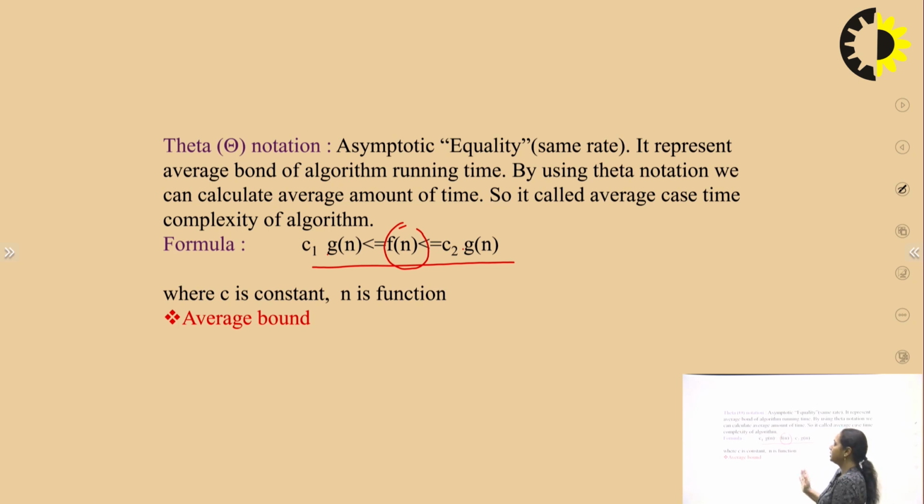And the last one is the theta notation, which is used for the average case time complexity calculation. In terms of growth rate also, theta notation is responsible for the same growth rate. Omega notation is responsible for the faster growth rate, and big O notation is responsible for the slower growth rate.